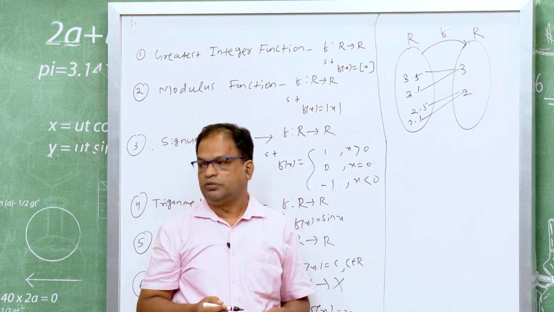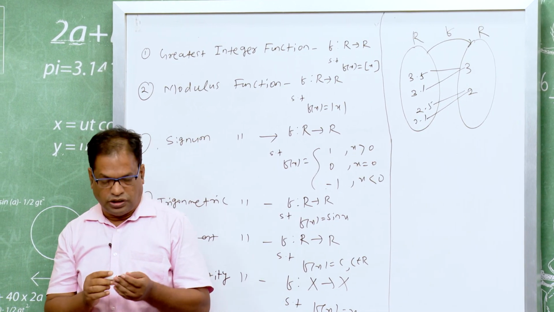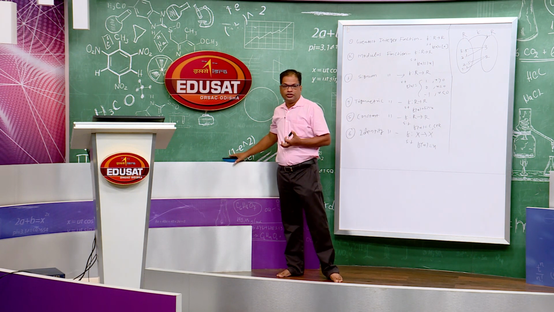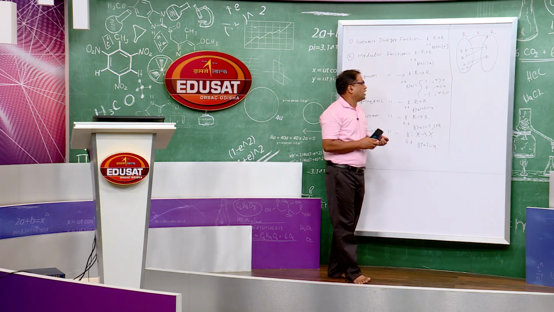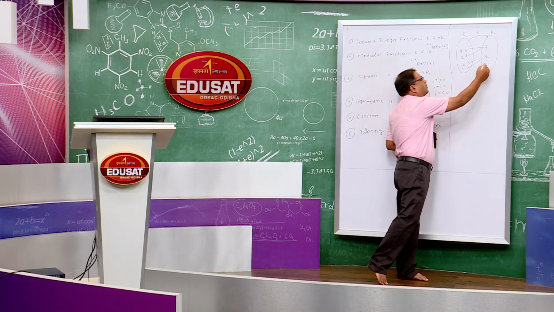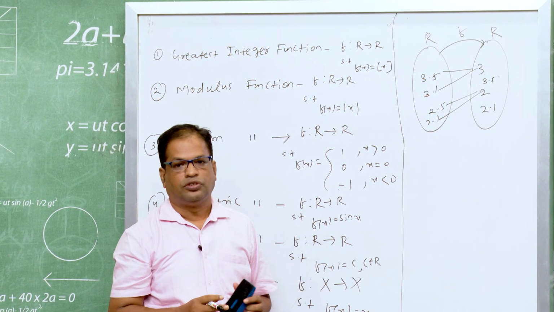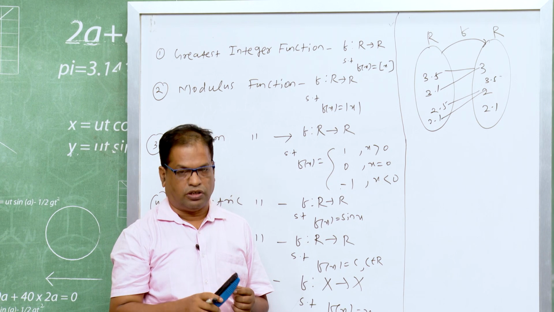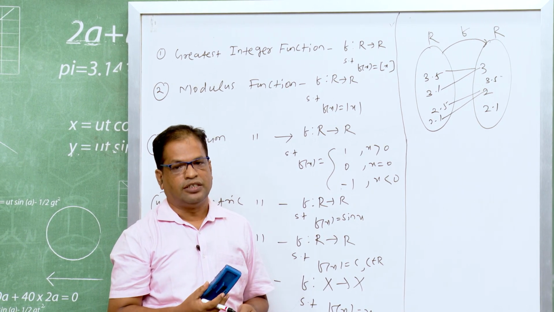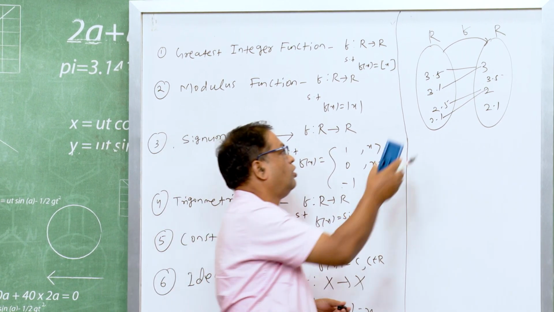So the bracket function is a many-one function. Also, it is not onto because there are fractional numbers in the codomain which are not related. So the greatest integer function, or bracket function, is neither 1-1 nor onto.